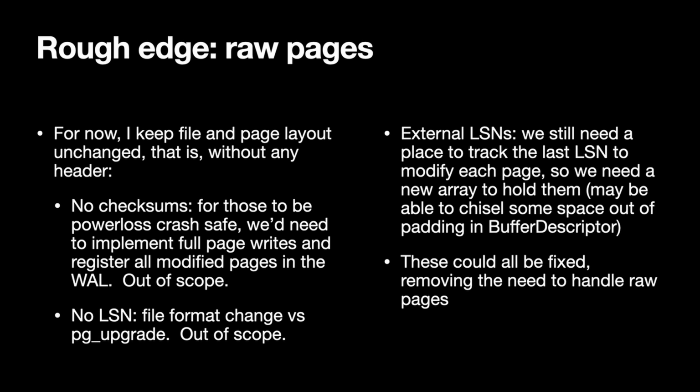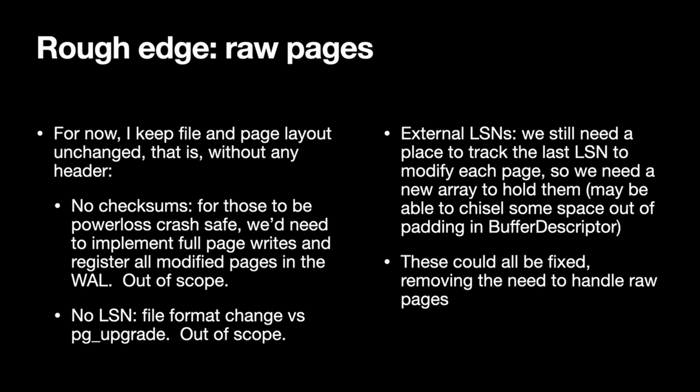So that means that I need to have a place to store LSNs associated with each page. Relation data has the LSNs in the actual page data. For the SLRUs, it's stored in a separate array. And so if I throw away the SLRU cache machinery, then I need to invent a new place to store LSNs associated with each page when we can tell that it's a raw page.